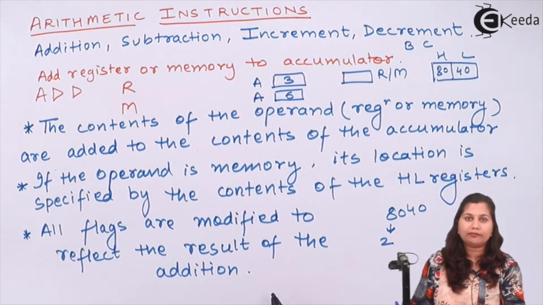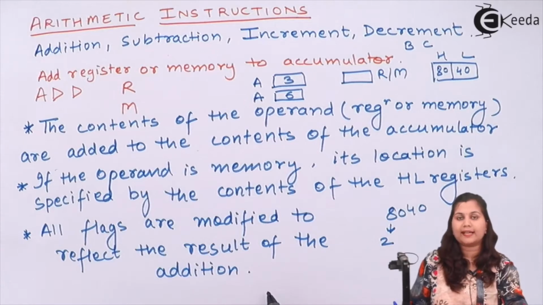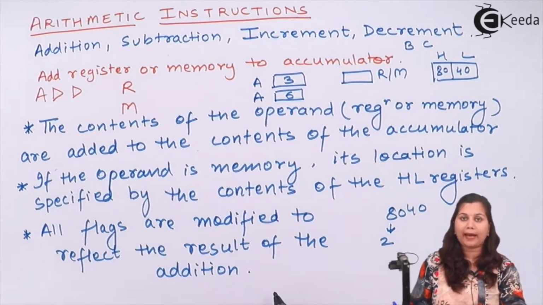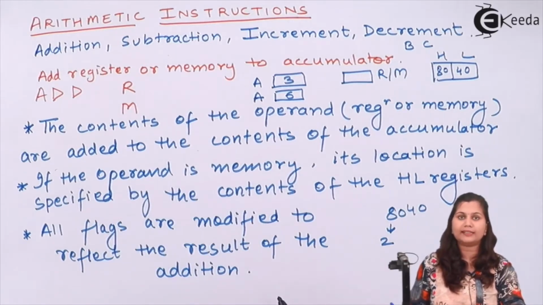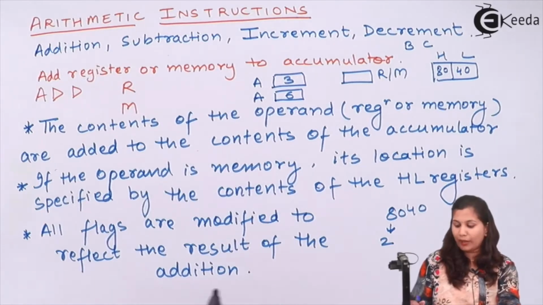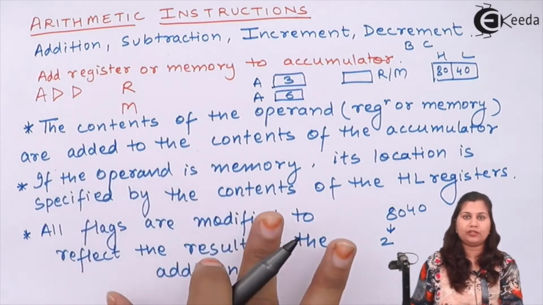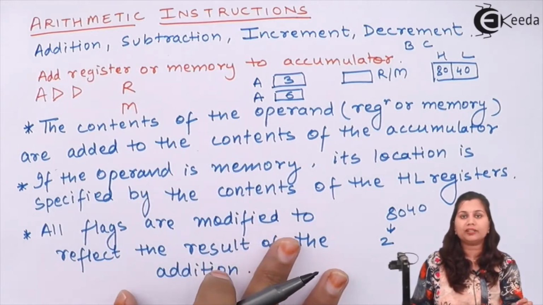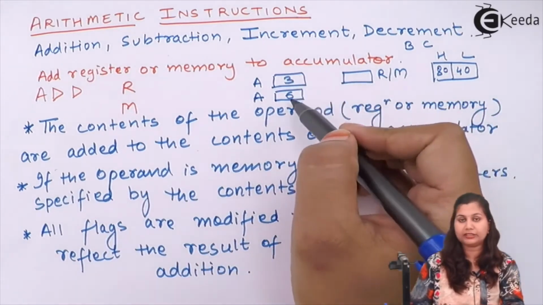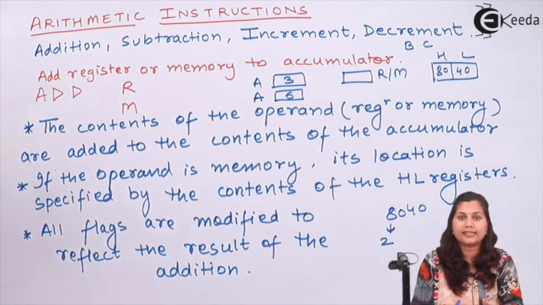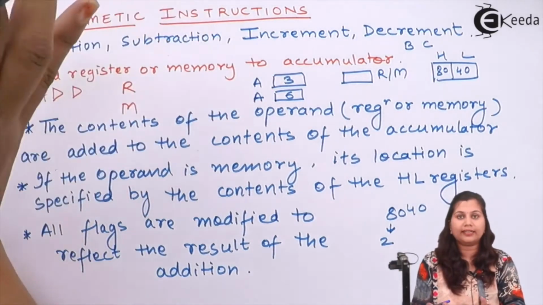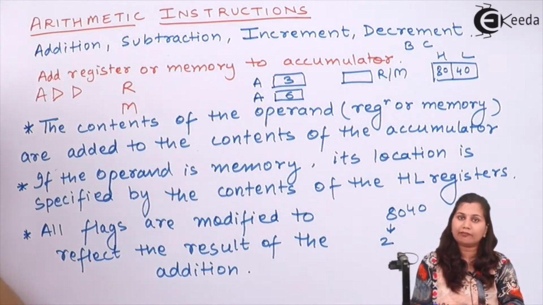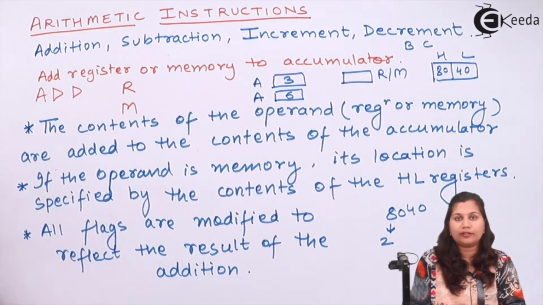In the 8085 we have 5 types of flags: sign flag, zero flag, parity flag, auxiliary carry flag and carry flag. While performing the addition operation, if the result obtained after the addition is 0, then zero flag will be set. If a carry is generated in adding up the two numbers, then carry flag will be set to 1, and if auxiliary carry is generated, then auxiliary carry flag is set to 1.